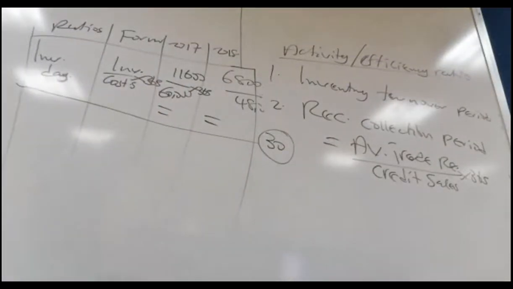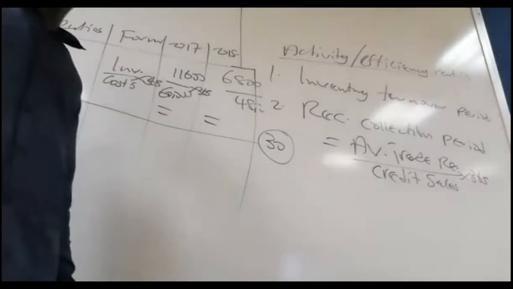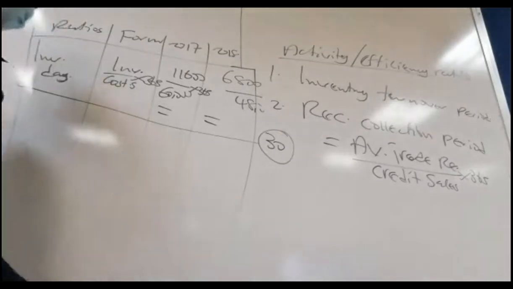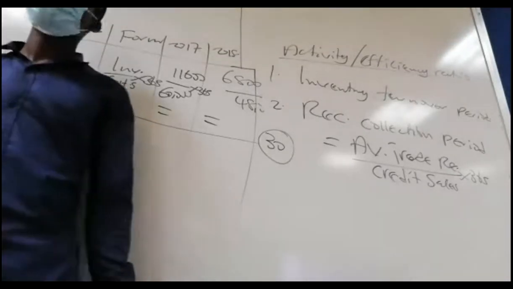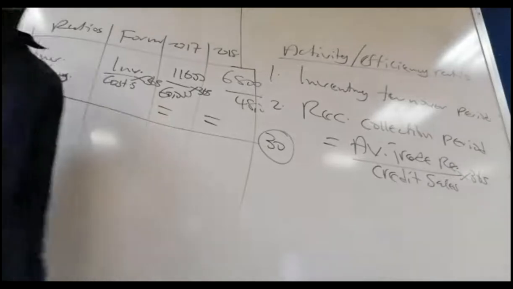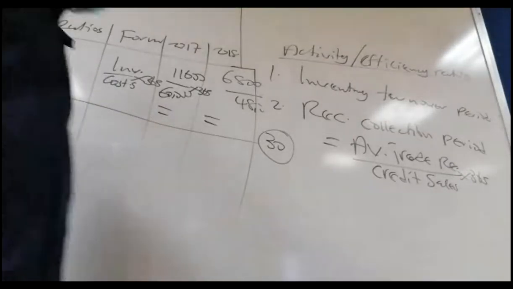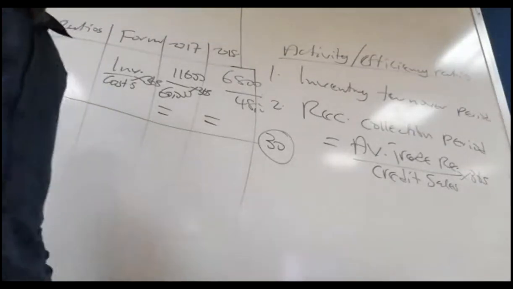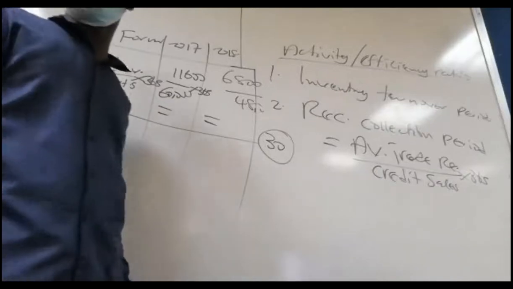Now we said the shorter the better, the reverse is true. Too much of it is bad. If you are chasing your customers as soon as they buy the goods, a time will come they will not buy from you again because they'll get someone that will give them comfort and a relaxed moment to pay the amount.